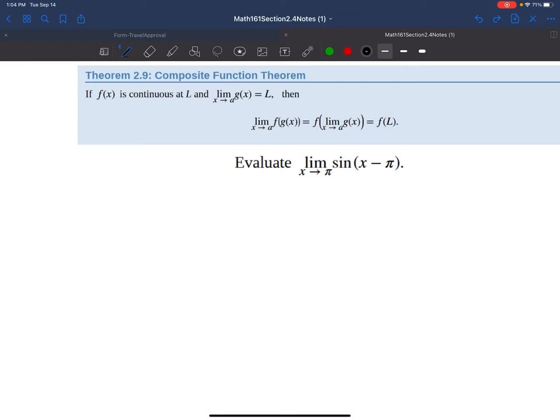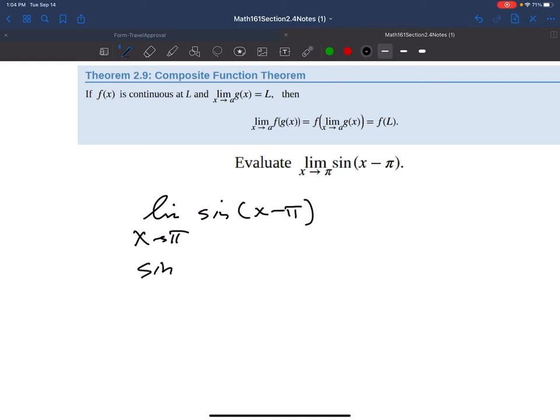Okay, so let's do this simply. The limit as x approaches pi of the sine of x minus pi. Notice we have an inner function and we have an outer function. We have one function inside of another. That's what composition is. I can basically move the limit inside of the sine. That's what this essentially means.